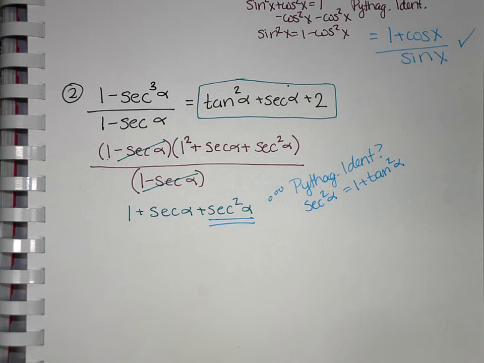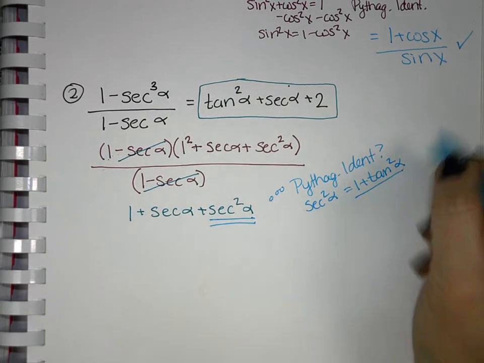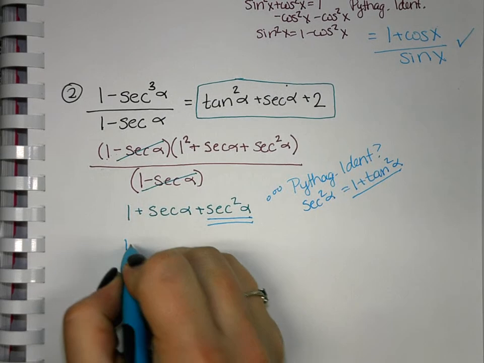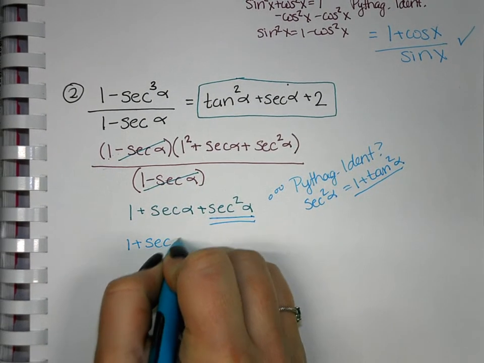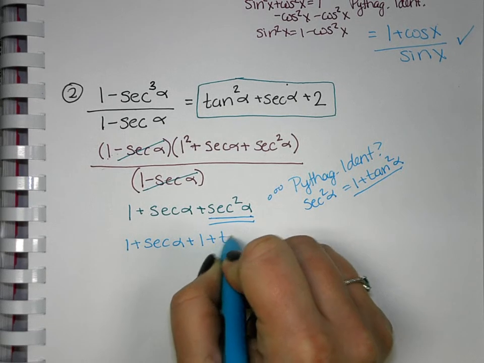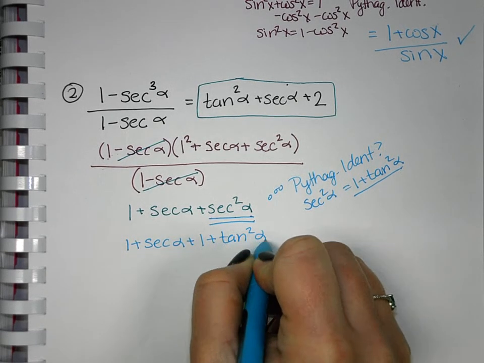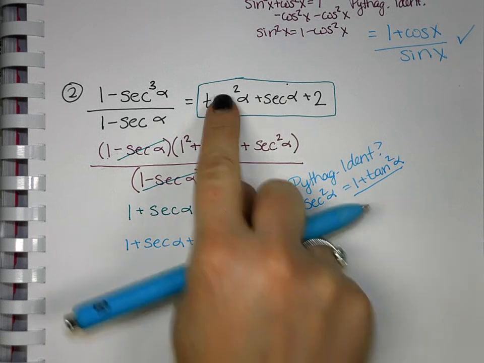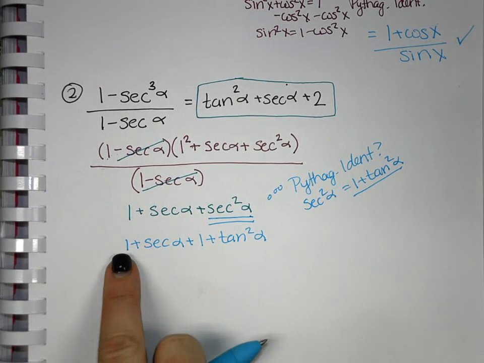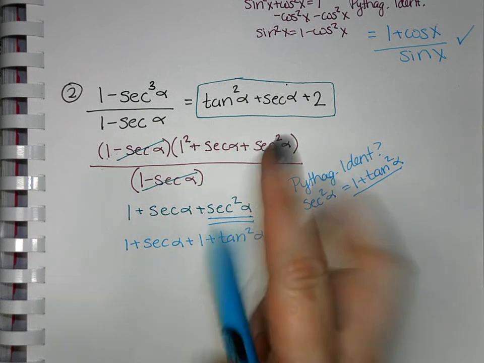So if I substitute 1 plus tangent squared in for secant squared, I get 1 plus secant alpha plus 1 plus tangent squared alpha. So I have my tangent squared, I have my secant, and if I add the two ones together, I'll get my 2.